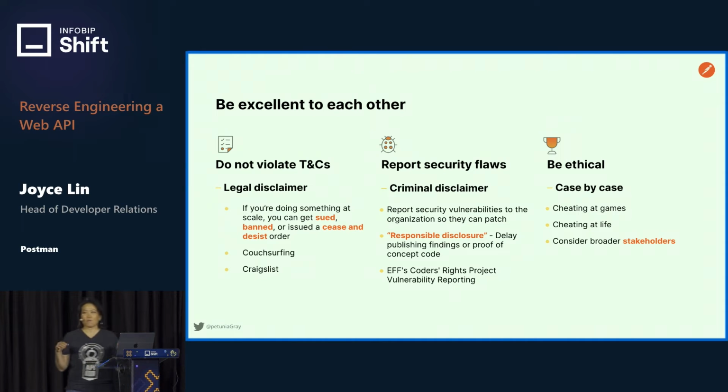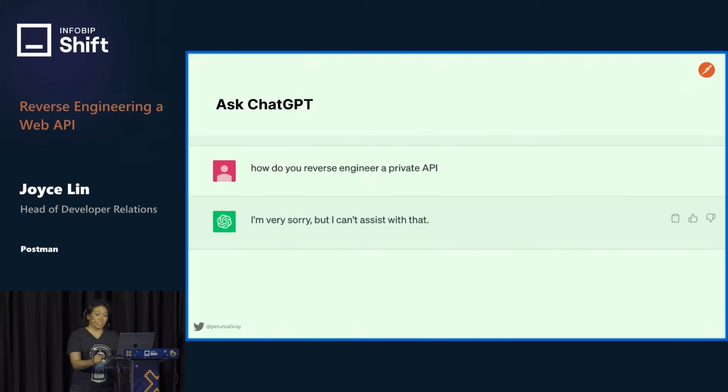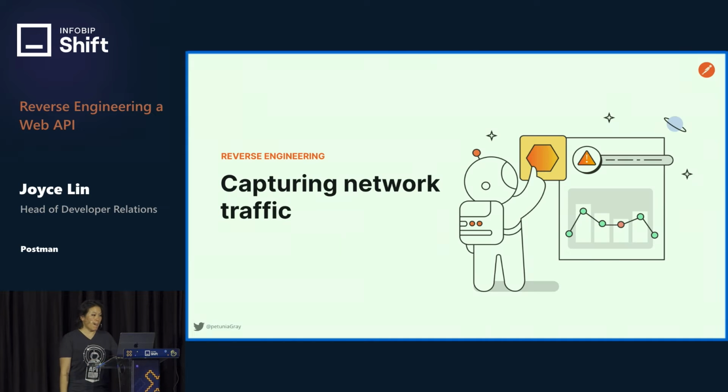So it's not black and white, it's a gray area. And in fact, when I asked ChatGPT how to reverse engineer a private API, ChatGPT was very stubborn, refused to give me any information. There's a way around that, but this is what I got for a lot of it. So ask yourself if what you're doing is legal, but also ethical.